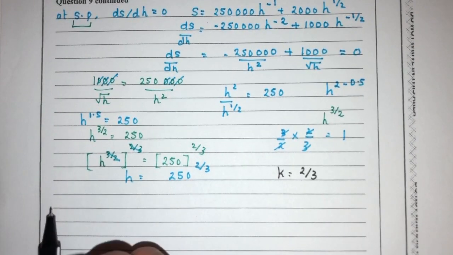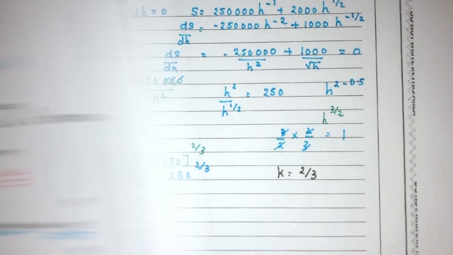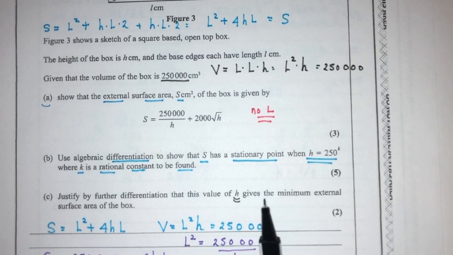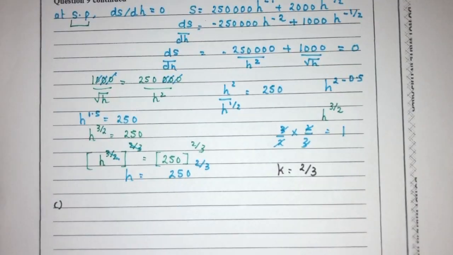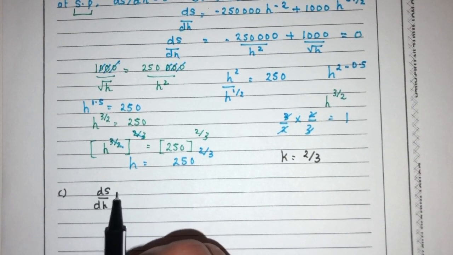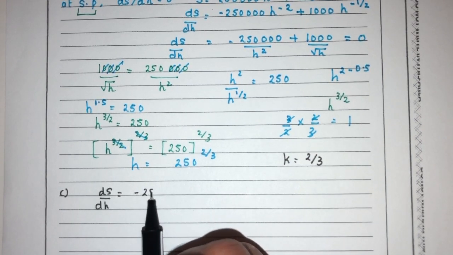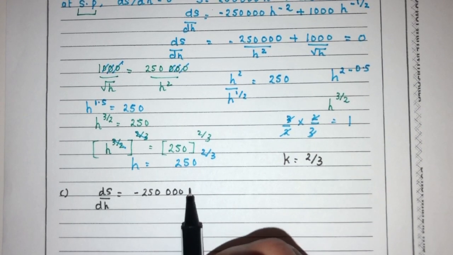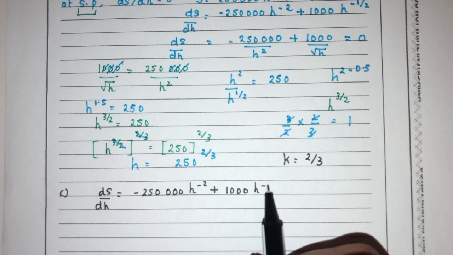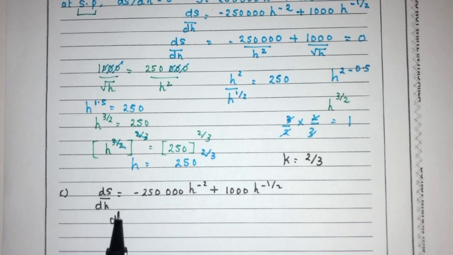Now let's move on. Here we have: justify by further differentiation to show this value of H gives the minimum area. So pretty easy. So since we know that ds by dh is equal to minus this, we have to find d2s by dh2.